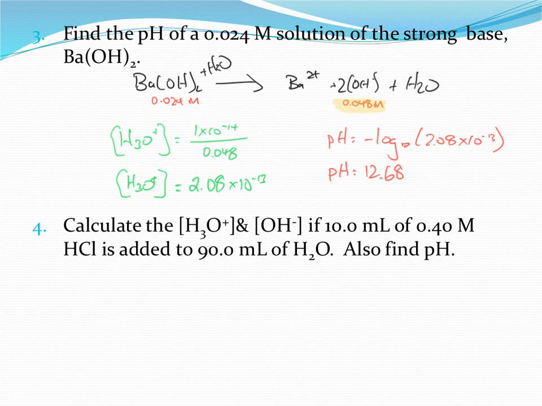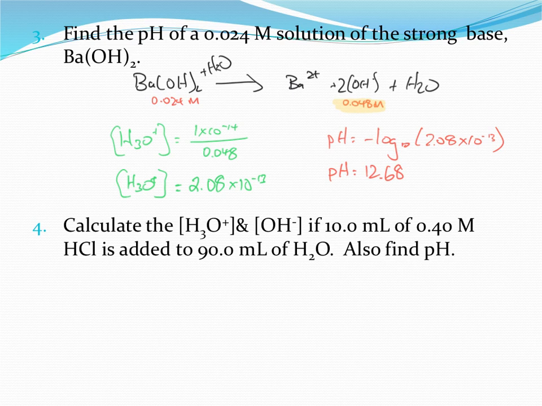And that leaves us with one more question here. Calculate the hydronium ion concentration and the hydroxide ion concentration, if 10 mils of 0.4 molar hydrochloric acid is added to 90 mils of H2O. Also find the pH. So let's start off with understanding what we need to do.